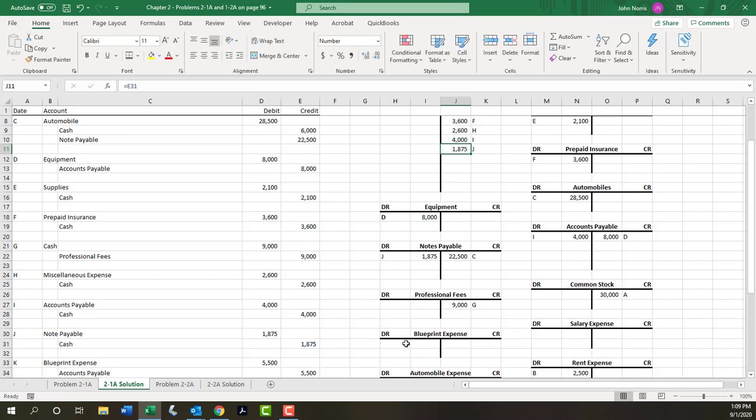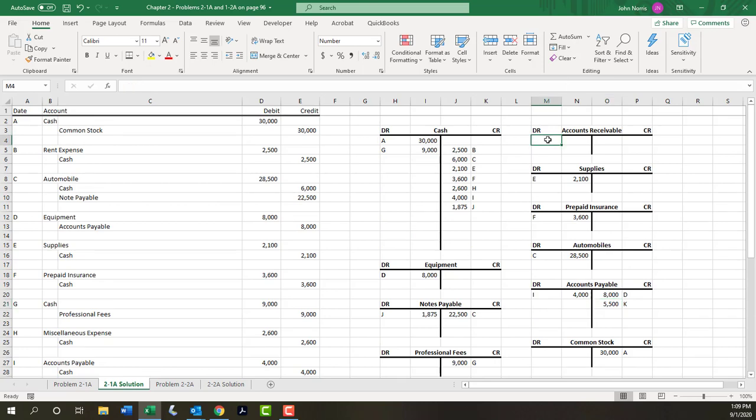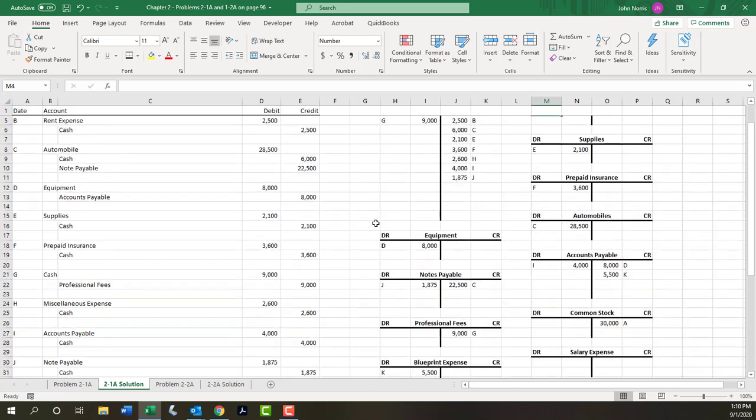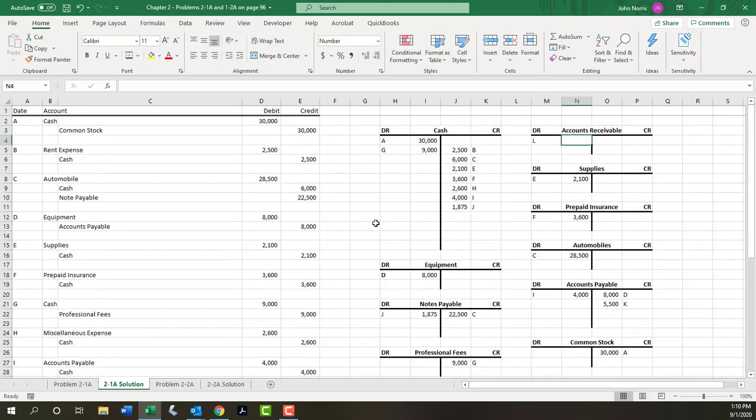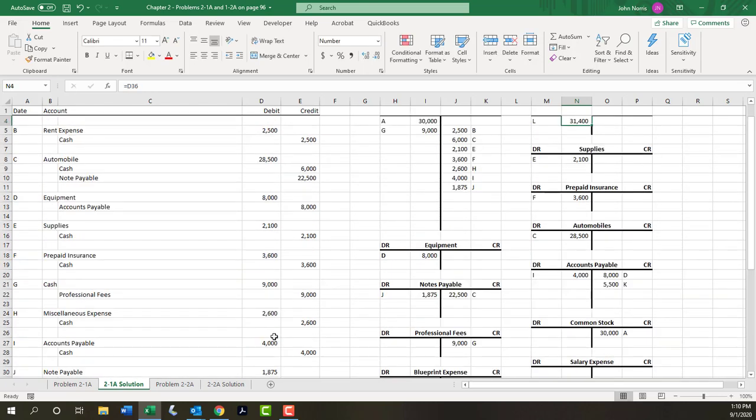Blueprint expense is K, and that was an invoice that we will pay in February, so that goes to accounts payable. Accounts receivable is L, and professional fees.